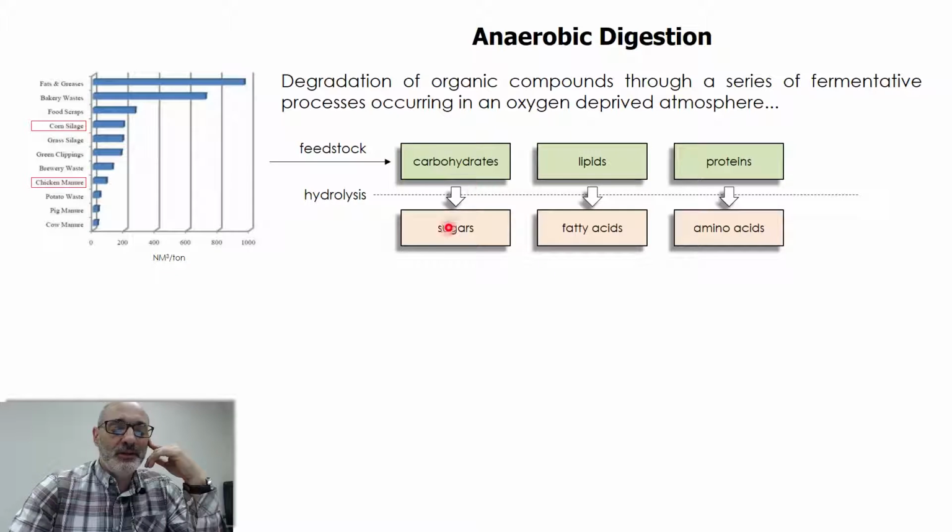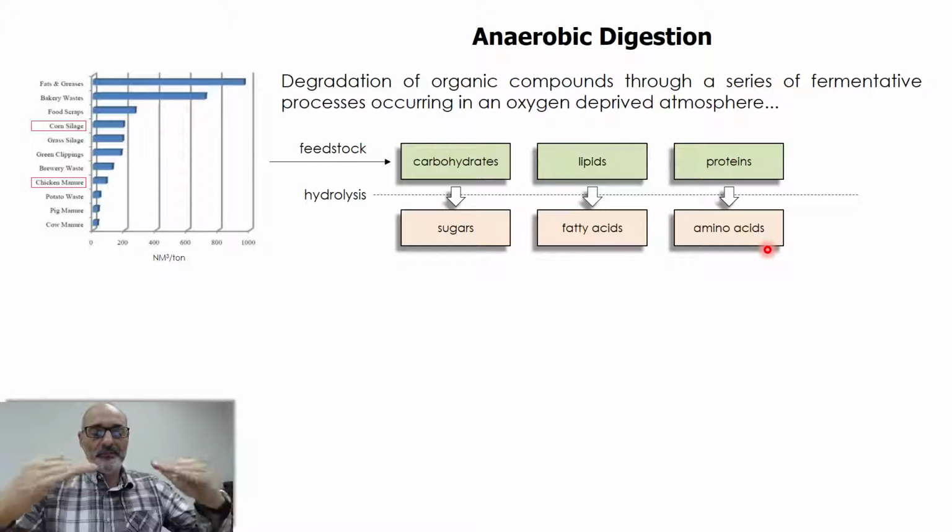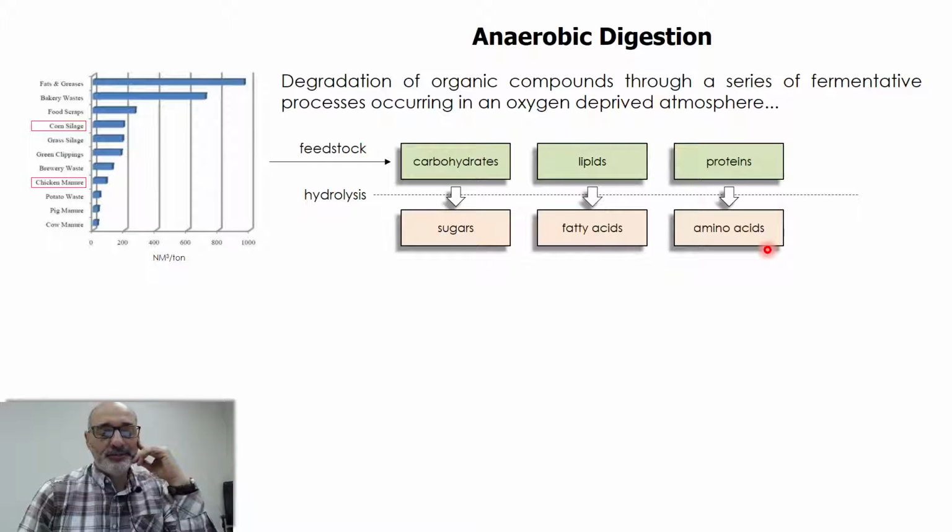So carbohydrates are transformed to sugars; they are separated. Lipids to fatty acids and proteins to amino acids. So there are several layers of reactions, and every layer involves different types of microorganisms.